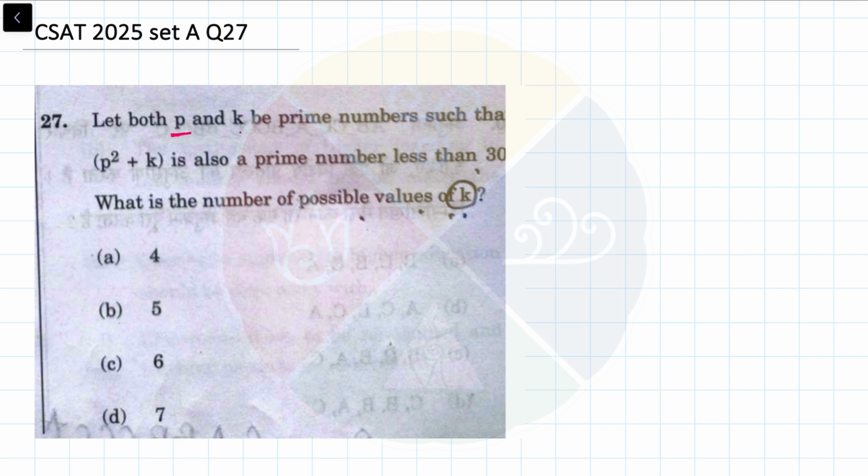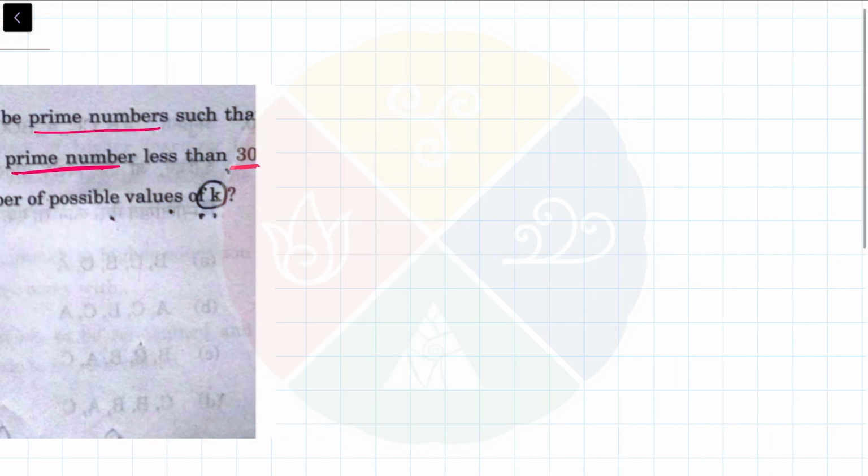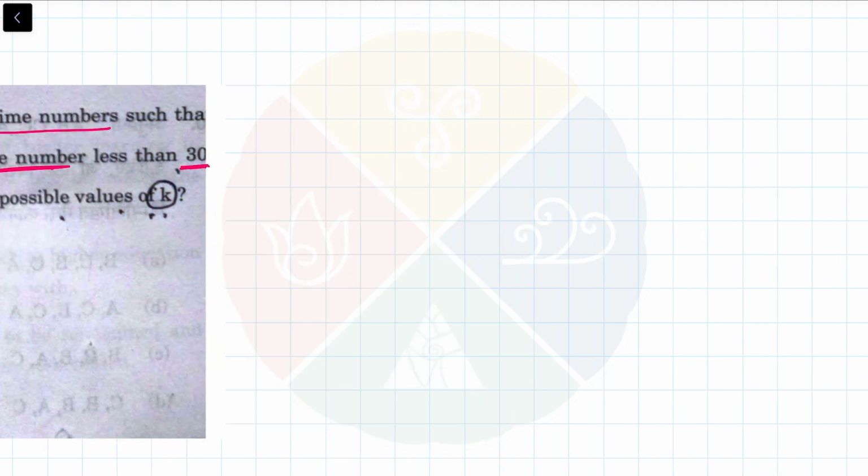Let both p and k be prime numbers such that p square plus k is also a prime number less than 30. So we already saw the Polo's prime method, or otherwise you can simply first write down all the prime numbers which are less than 30. The first four you have to know. They are 2, 3, 5, 7, 11, 13, 17, 19.